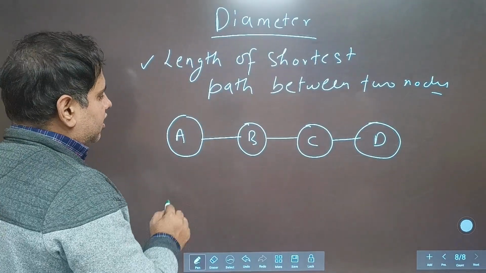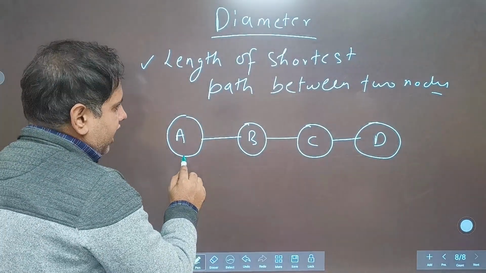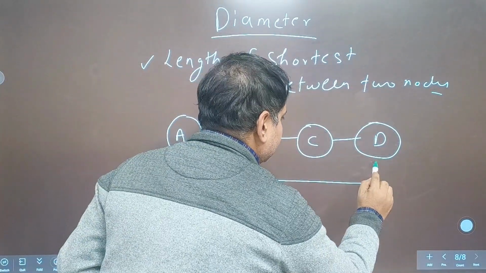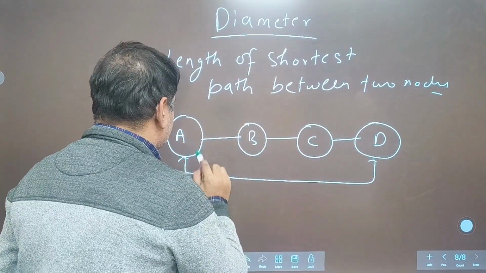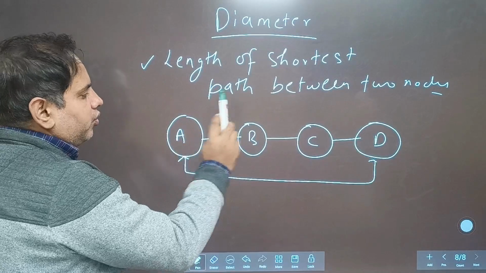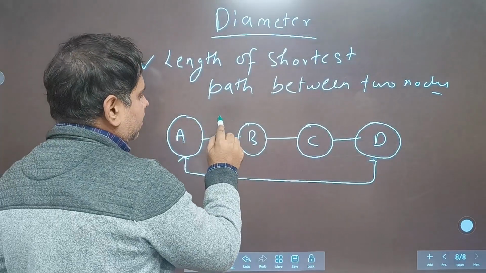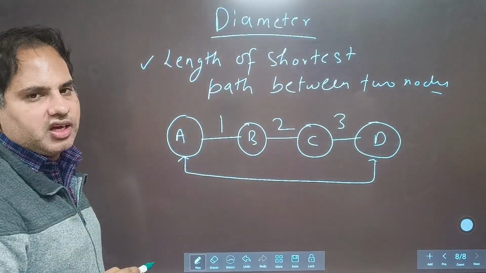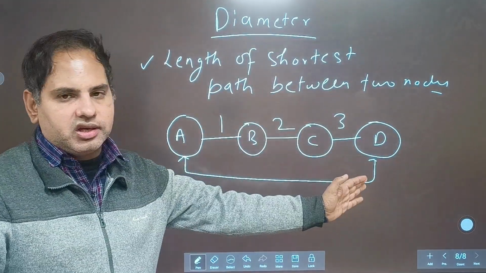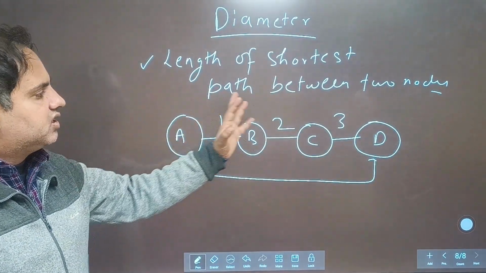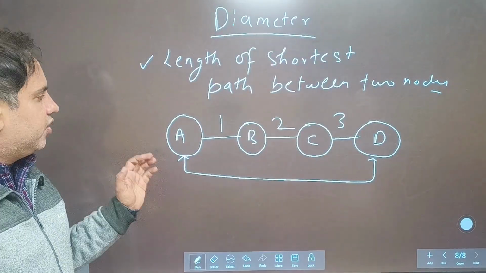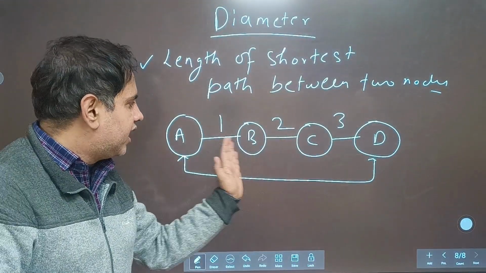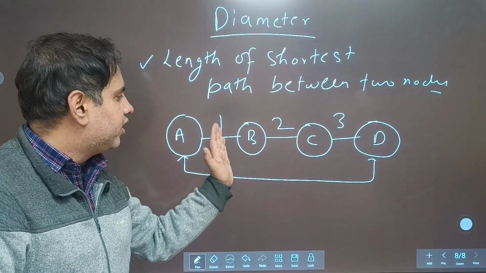If you want to go from A to D, you have to take one step, second step, third step. So you are three steps away from A to D, right? So the diameter is 3. If you want to reach C, you have to take only 2 steps.